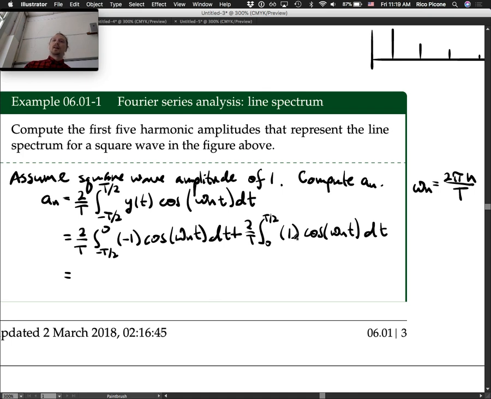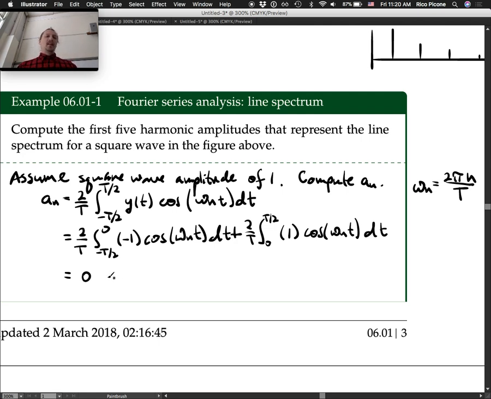And then we have the same integral from 0 to T over 2. But cosine's an even function, right? And so if you integrate over some negative region that's symmetric with a positive region, you're going to get the same value. But since there's a negative sign out in front of the first one, they have to be equal and opposite to each other, right? So they add together to get 0.